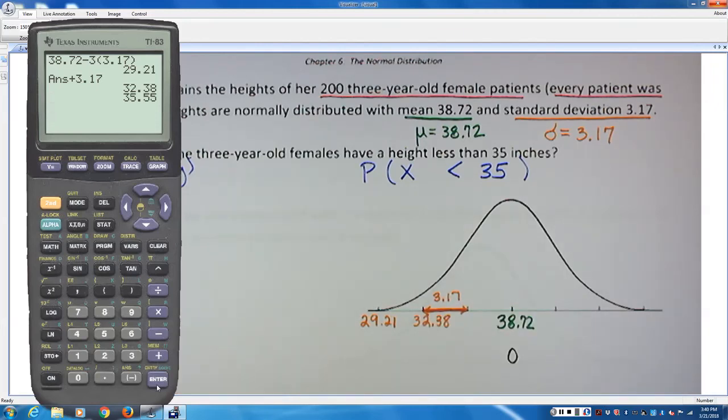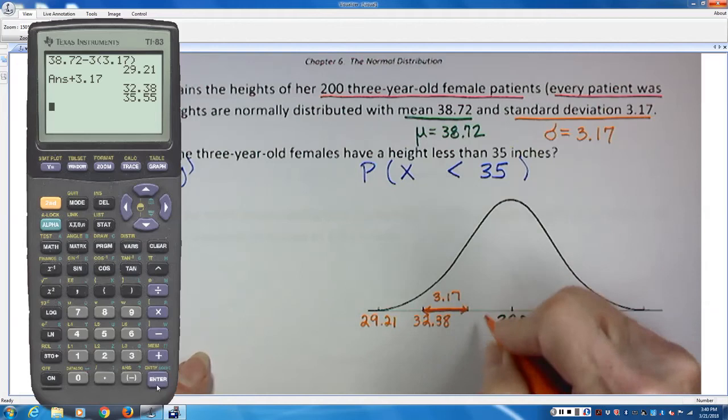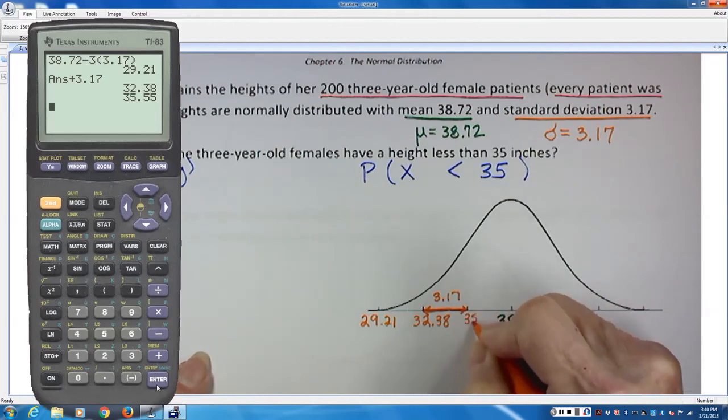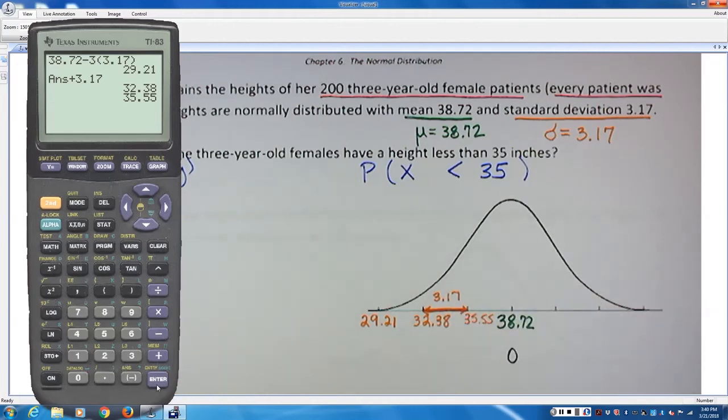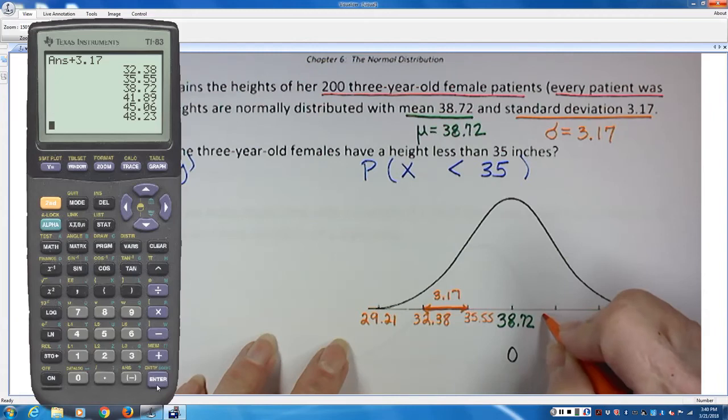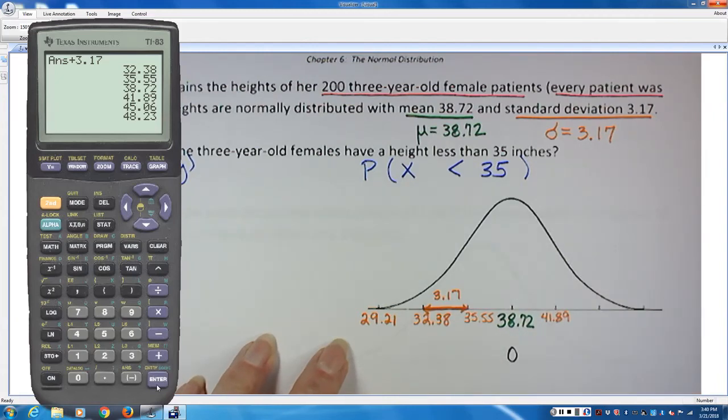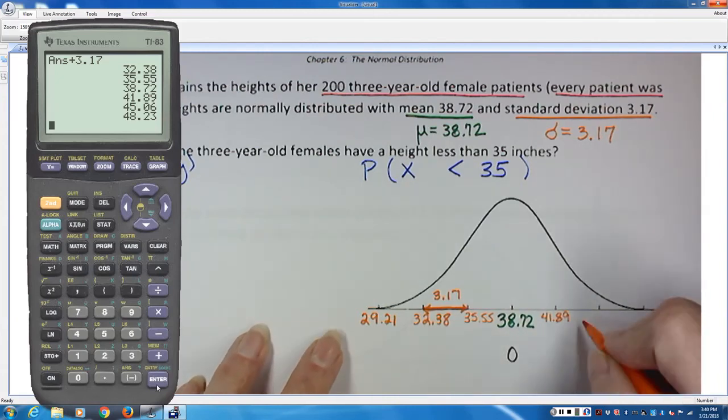And then up one more is 35.55 pounds. And then the next one should be the mean, and it is. So then I'll go up three more and label those. 41.89. And 45.06. And 48.23.